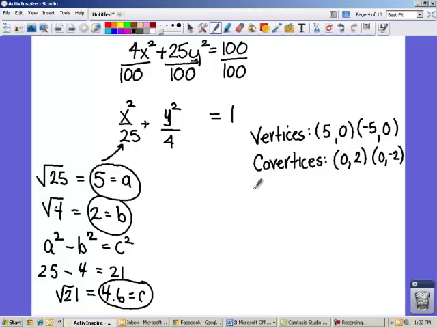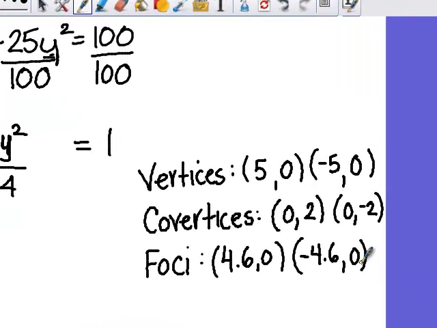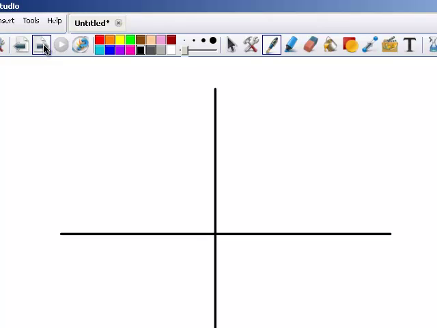And then we have the foci, which is going to be the same as the vertices. So we're going to have c, which is 4.6, comma 0, and negative 4.6, comma 0. Okay, so I want to see this written on your paper, and then you can just sketch the graph so that you don't have to label everything on there.